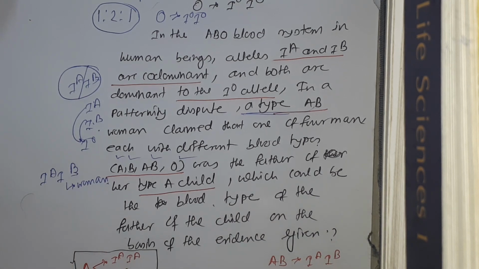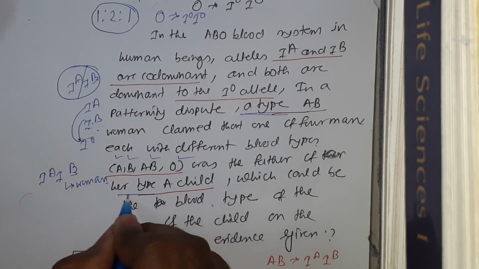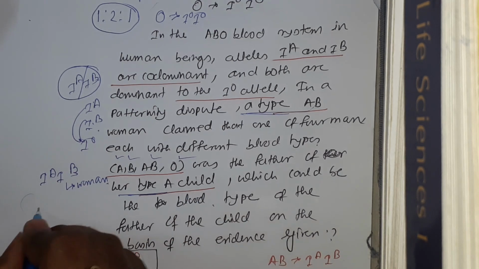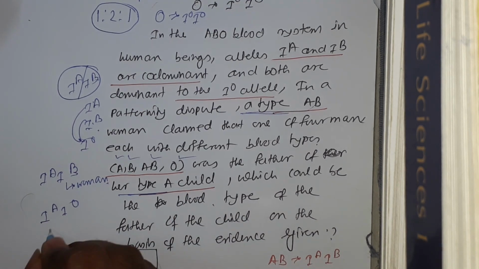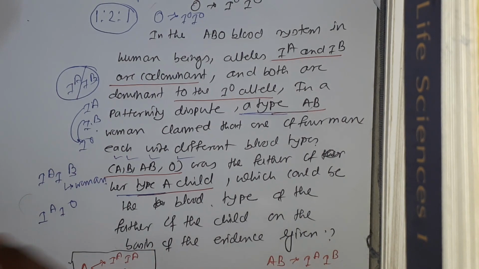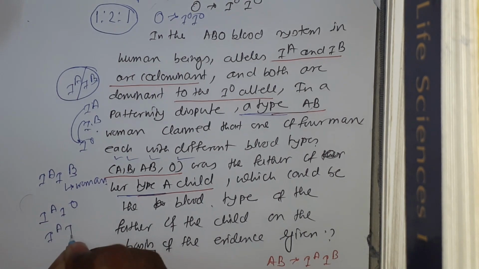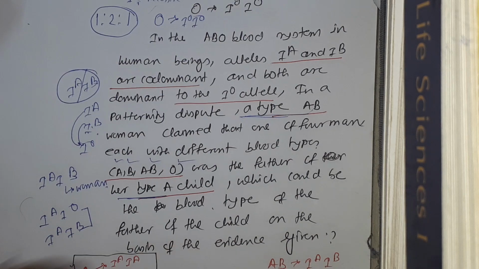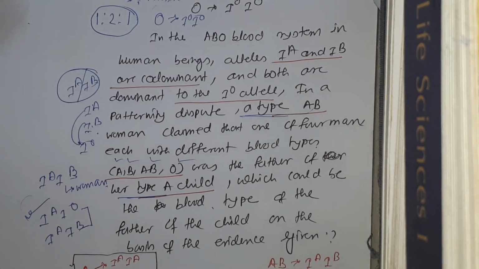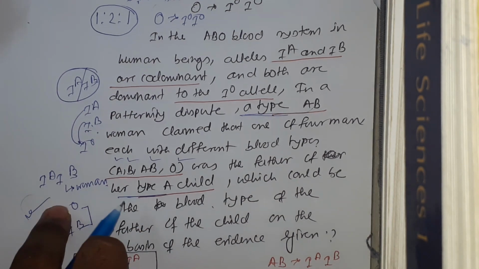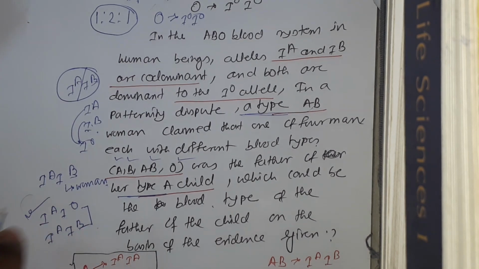And her child's blood group is type A. That means her child's genotype will be either of two. Both are equally possible, as they are not telling us about homozygous or heterozygous. If they were telling us heterozygous, then we would simply look at that, but they are not telling us, so we have to consider both the cases.